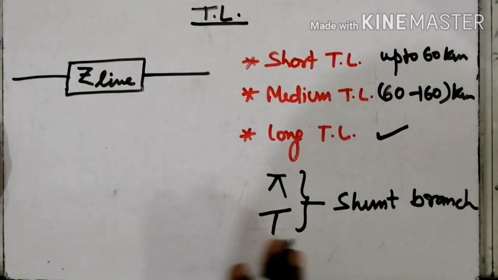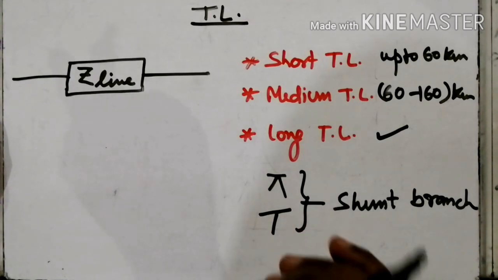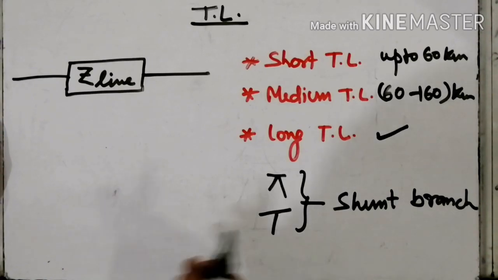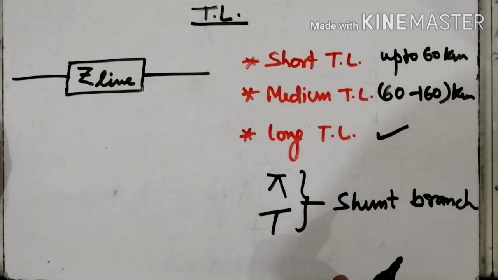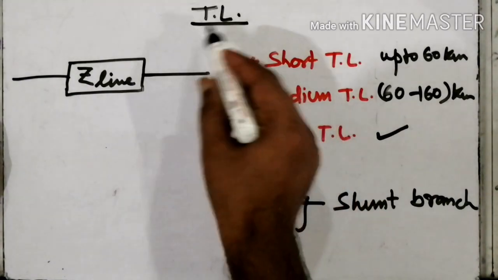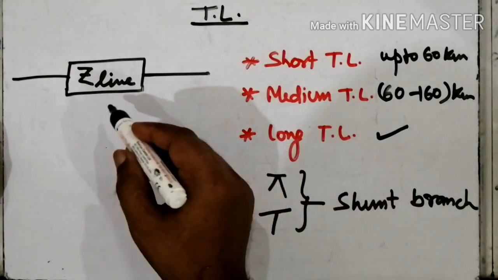Because during the faulty condition, the shunt impedance is very high and the current passing through it is negligible. So we neglect the shunt arm, and the representation of transmission line, whether short, medium or long, is like this.